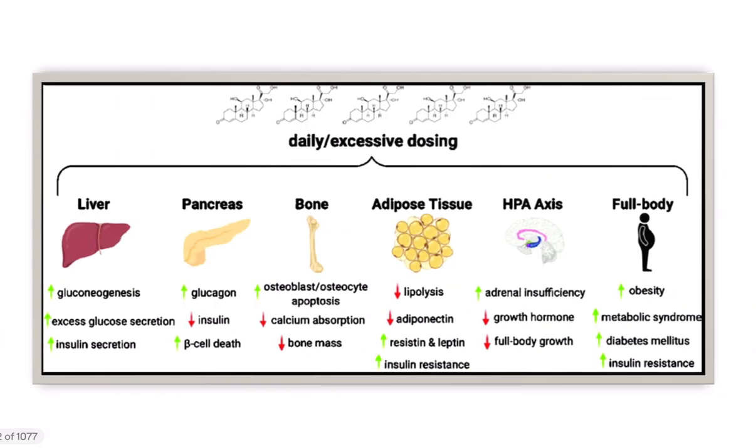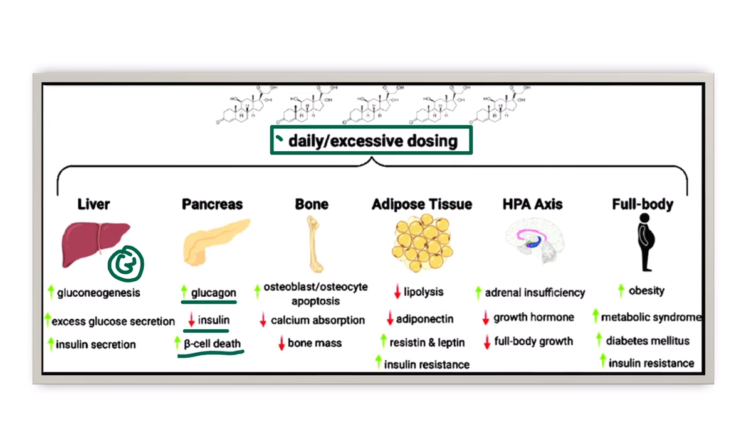Here is another diagrammatic view showing the daily excessive dosing of the corticosteroid. In the liver we can see the increased glucose level, and in the pancreas it increases the glucagon level and decreases the insulin, and it is responsible for death of the beta cell. So it is a dangerous condition.